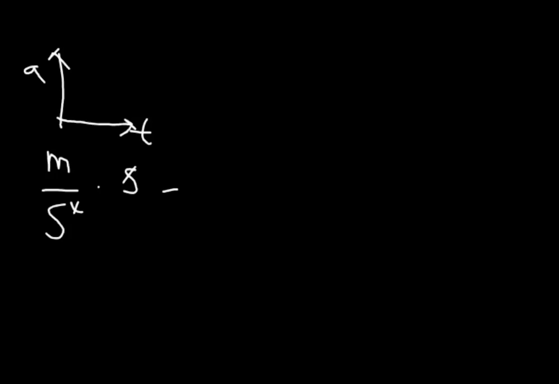Alright, so the area for an acceleration versus time graph, which we have just a little quick sketch here, is going to be our y-axis times our x-axis. So on the y-axis we have meters per second squared times our x-axis we have seconds, and that gets us right back to our velocity versus time graph.